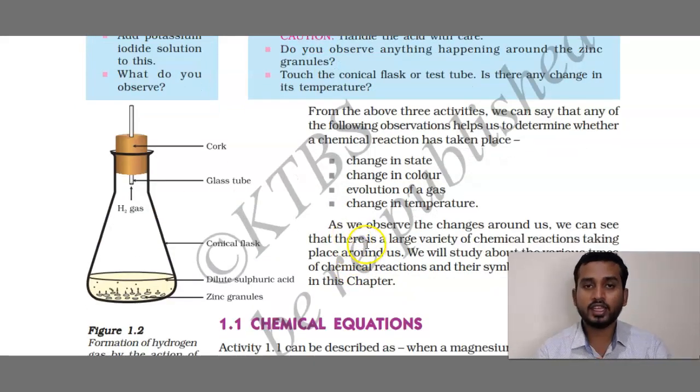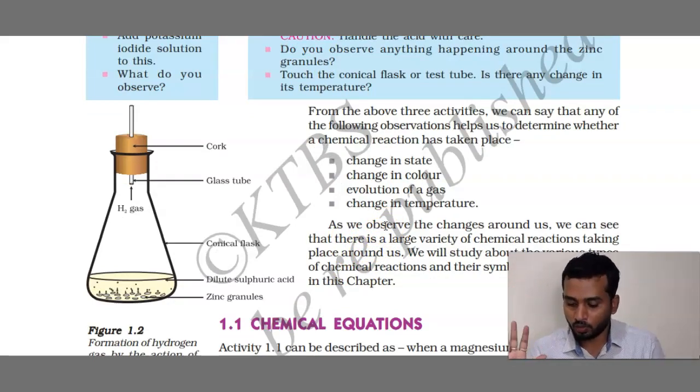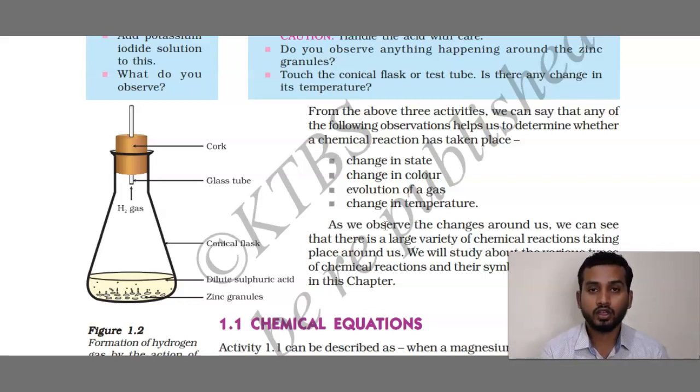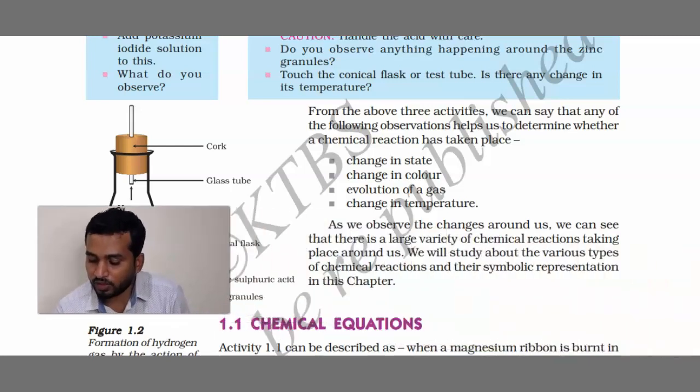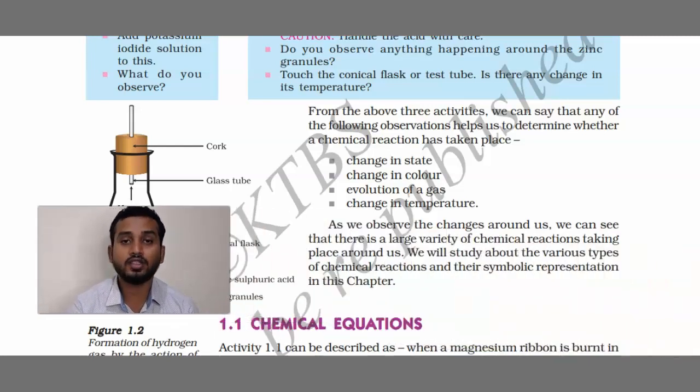If you want to say it is a chemical reaction, I will give one substance to you. Okay, take this. Now let me know whether a chemical reaction has taken place or not. How can you say that? It's very simple. See here. To say whether a chemical reaction has taken place or not, it has to satisfy certain conditions.